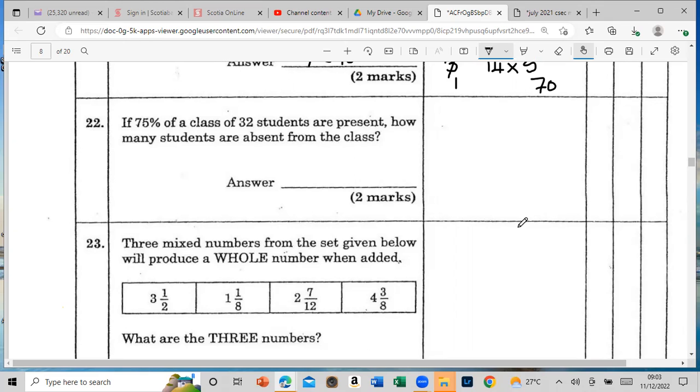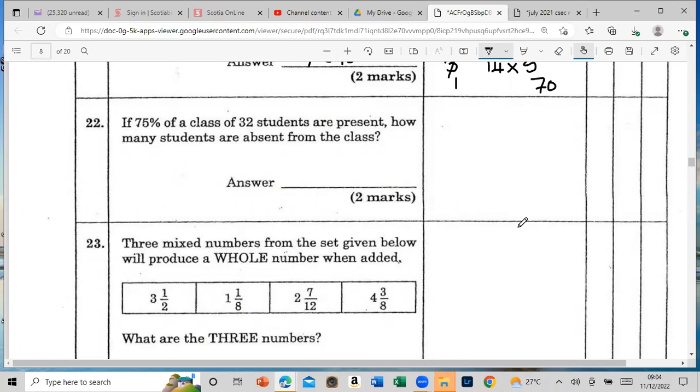Okay, sir. All right, let's look at number 22. If 75% of a class of 32 students are present, how many students are absent from the class? You guys work out that one and tell me. You read it?